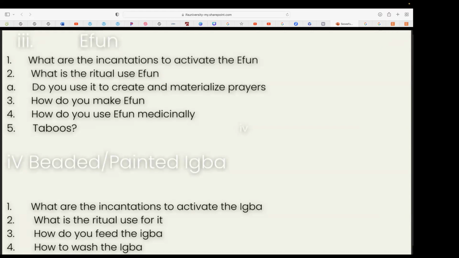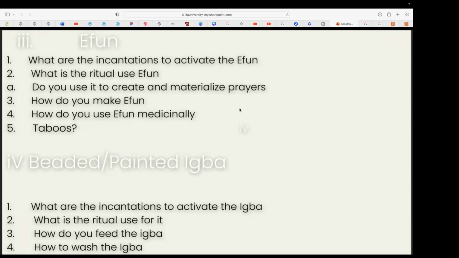There are some people who have bad dreams all the time. With the help of Efun on their body, if a particular spirit used to come and affect them in the night, this Efun will help drive away that ajogun, that evil spirit. You get it? That is number one.